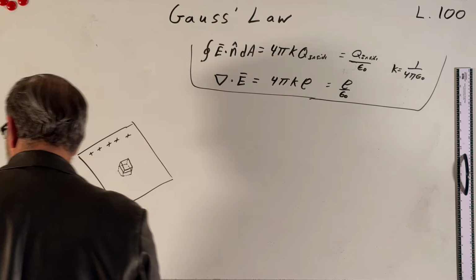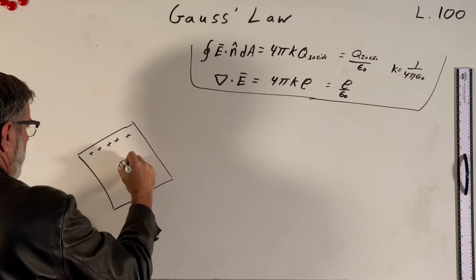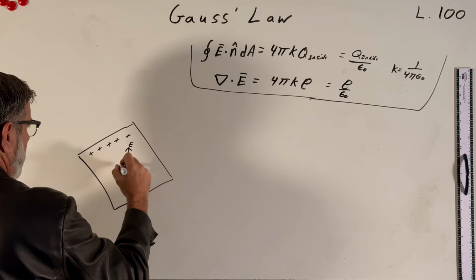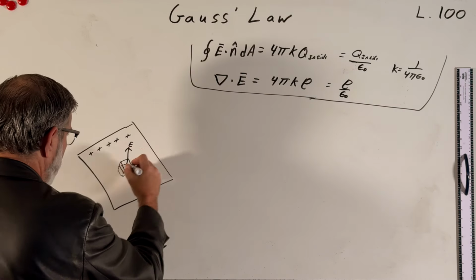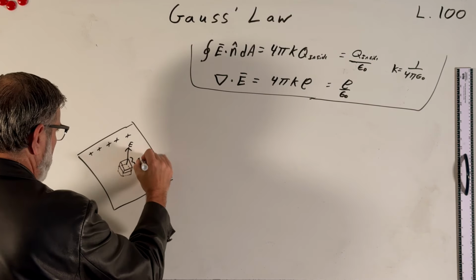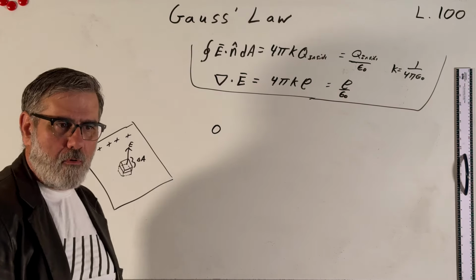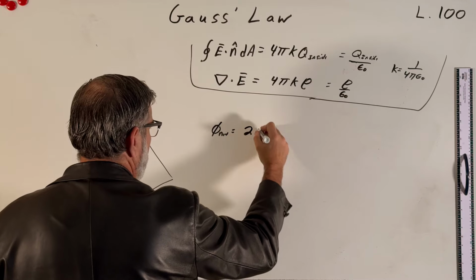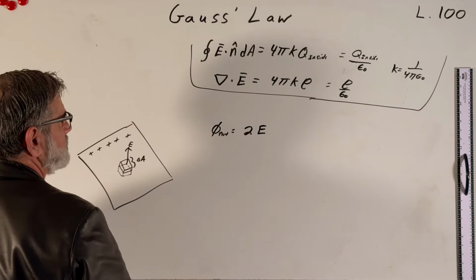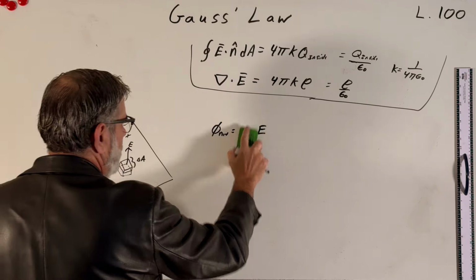So what do I do to calculate the electric field? If we just think of the electric field coming out, E dotted with n is just going to be the magnitude of E, and this is going to be my little delta A, my little area. But I also have flux coming in from the bottom, so the net flux is going to be 2 times E. Maybe I should write this out in detail.